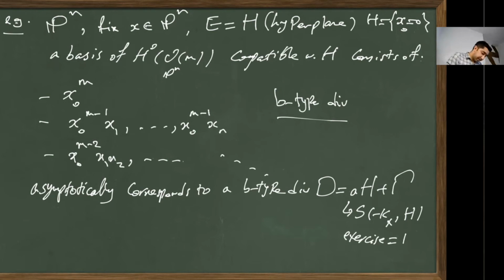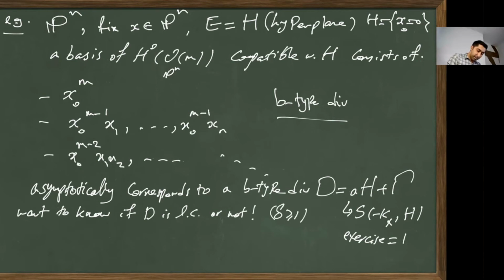So what is the idea? The idea is that we want to know if D is log canonical or not. That is, you want to see if delta is bigger than 1 or not. So now bidimensional geometers know this is a perfect recipe for inversion of adjunction.